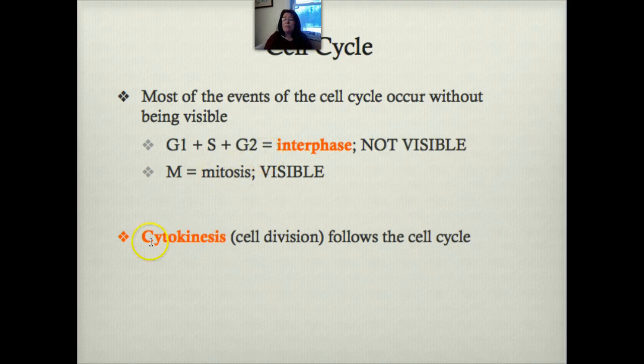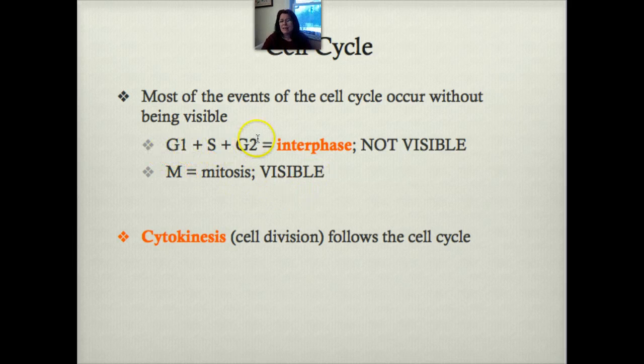The reason M gets left out is because M is visible. Remember, we said that during nuclear division, when a cell is dividing, chromosomes actually condense. They get shorter, they get fatter, and they become visible underneath the light microscope with appropriate staining.